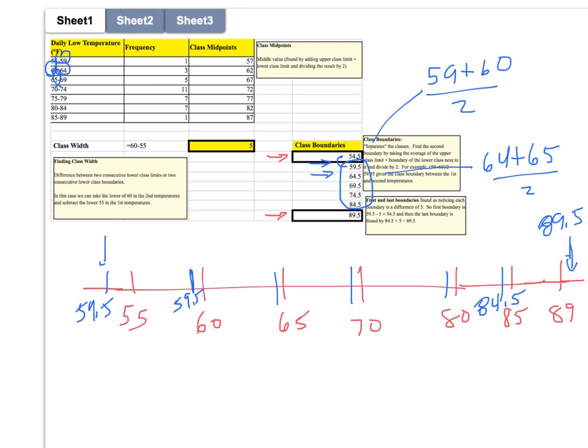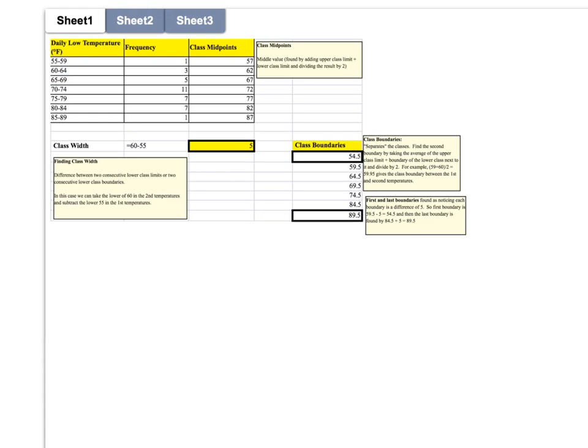But I cannot stress enough, if you will use Excel, and if you're new to Excel, definitely ask me questions, ask me for help. The big key to Excel is everything that you want it to calculate for you, you start with an equal sign.